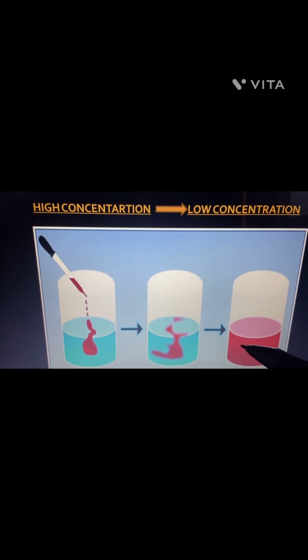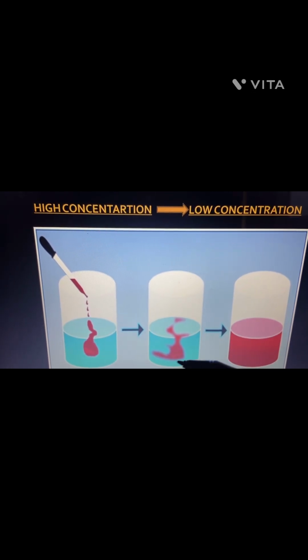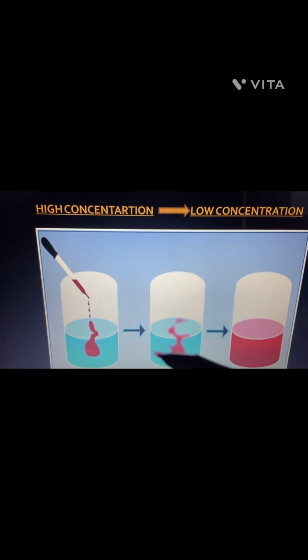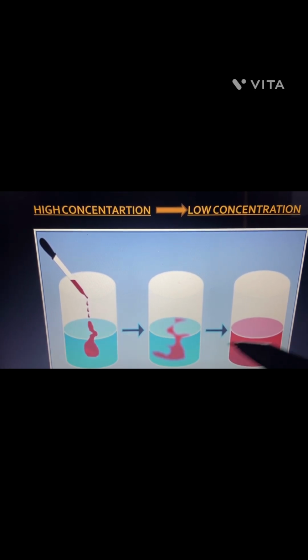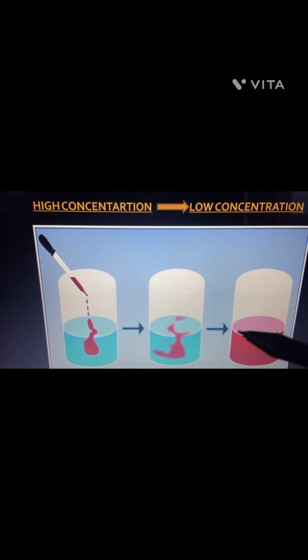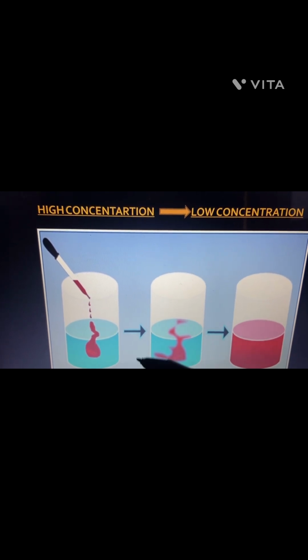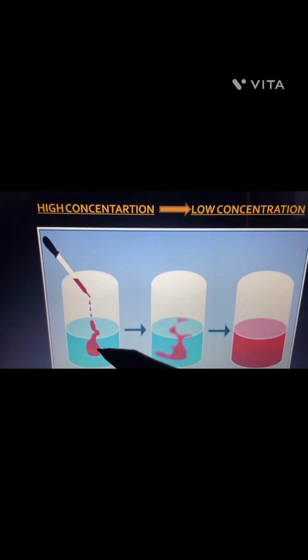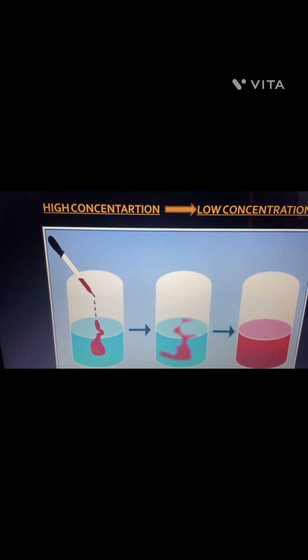We will observe that the molecules in high concentration get spread out. These molecules spread out from the high concentration to the low concentration until they get equally spread out into the solution. So it is a net movement of any molecules or any ions from high concentration to low concentration.